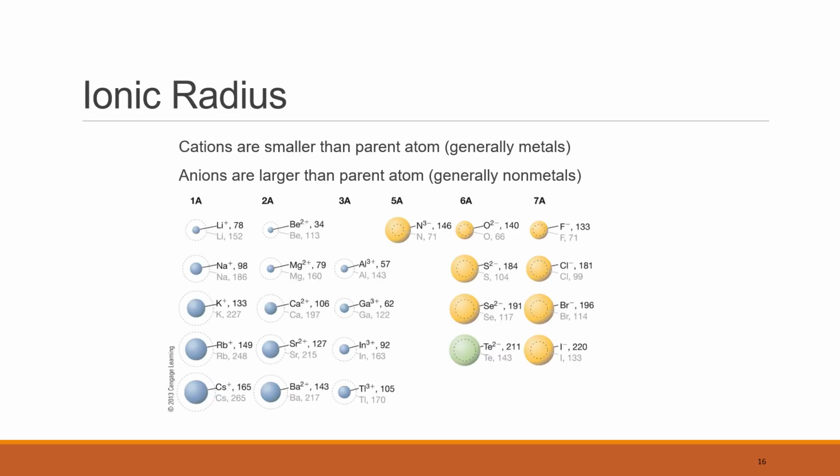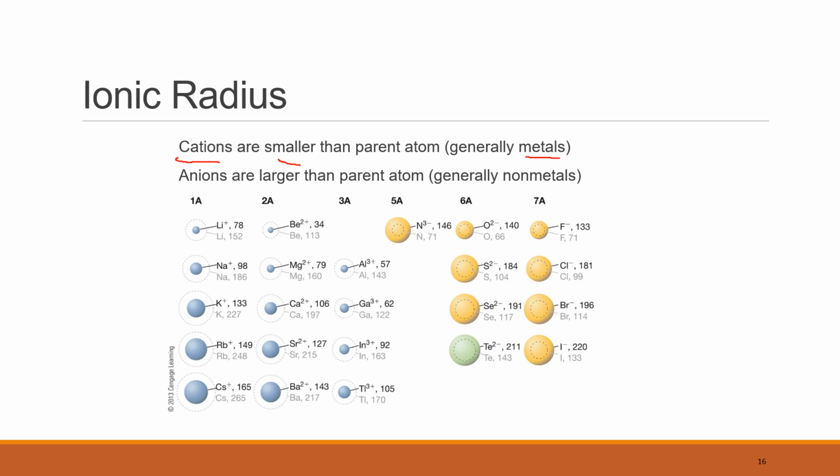So how does ionic radius change when we do get a cation or an anion? So cations, meaning positively charged atoms, are generally smaller than the parent atom. And remember, cations are generally metals because metals like to lose electrons to become positively charged.